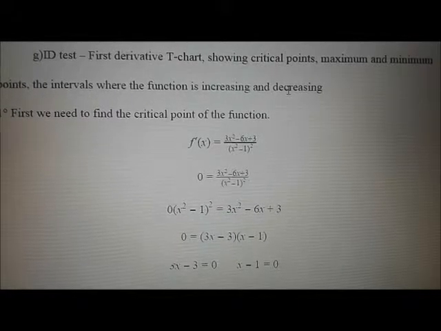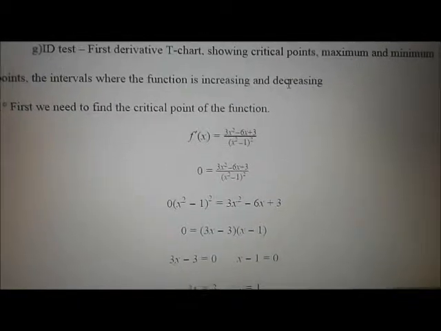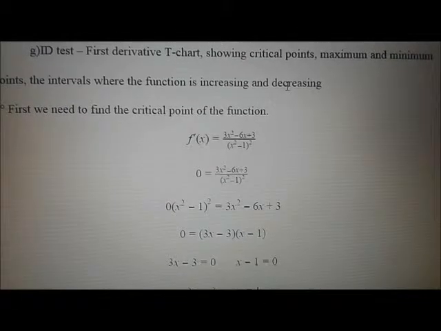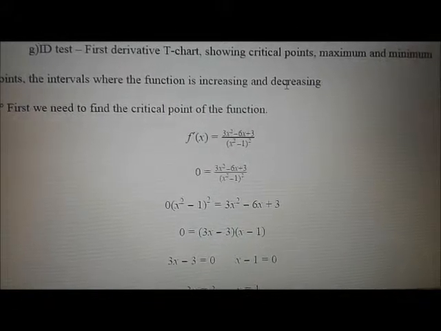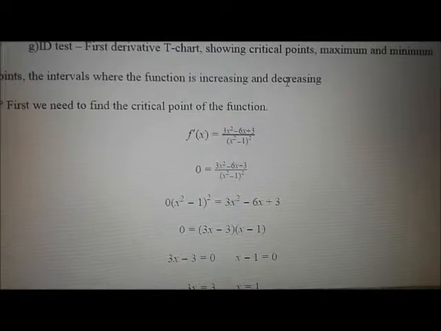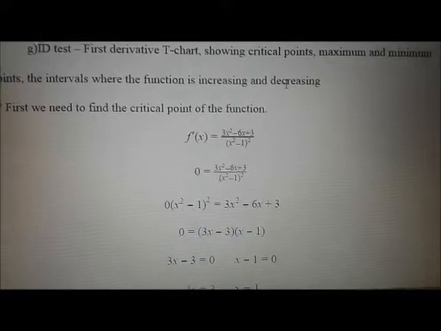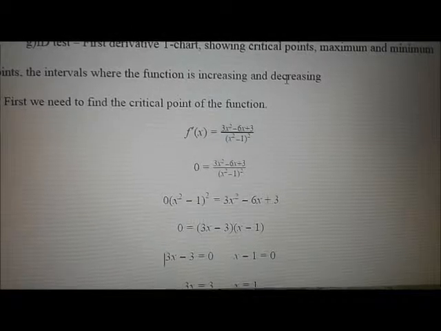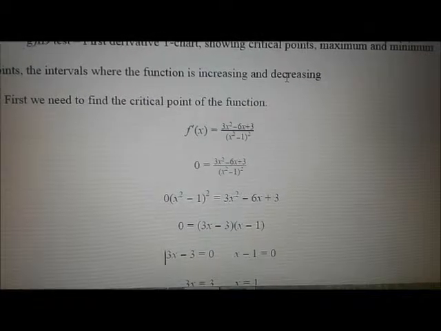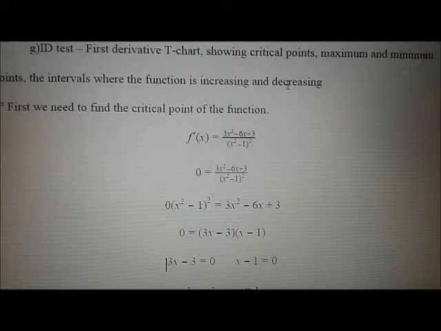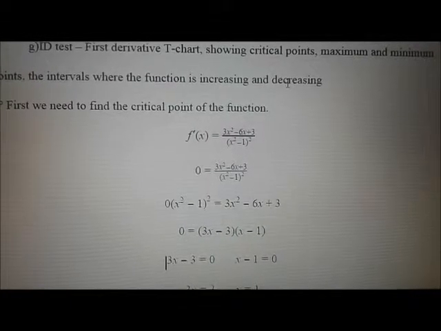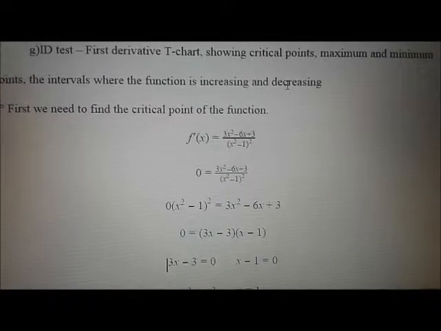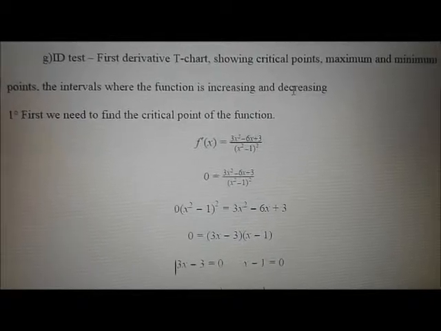x squared minus 1 squared is dividing, so we need to pass it multiplying. So 0 times x squared minus 1 squared is equal to 3x squared minus 6x plus 3. The result of 0 times anything is 0, because any number multiplied by 0 is 0.